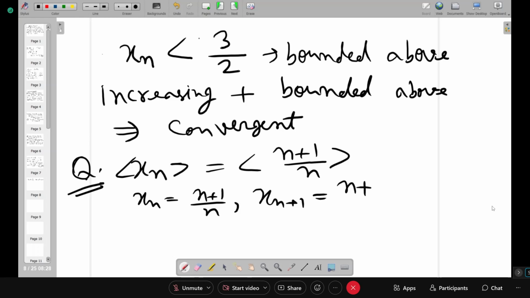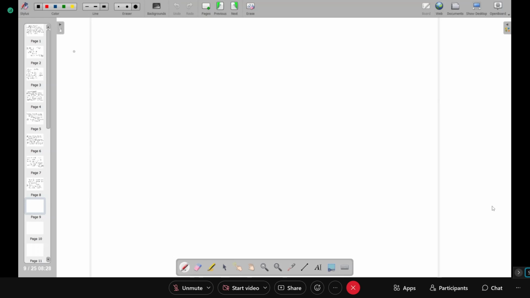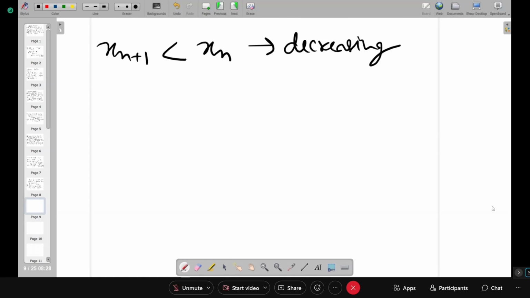The xn plus 1 term is n plus 2 upon n plus 1. Then xn plus 1 minus xn, you will get minus 1 upon n plus 1. Okay, this term you will get, so this term is less than 0. Because n is a natural number, being less than 0 means you are able to prove the given sequence is a decreasing sequence.